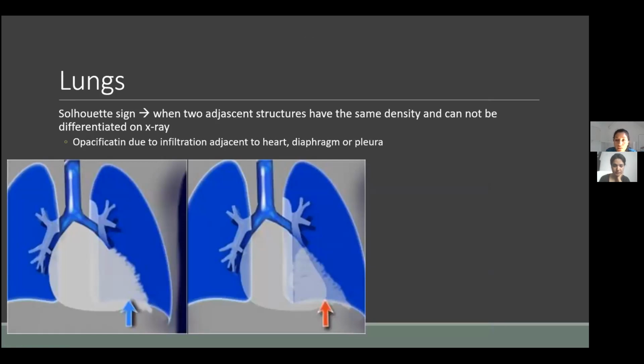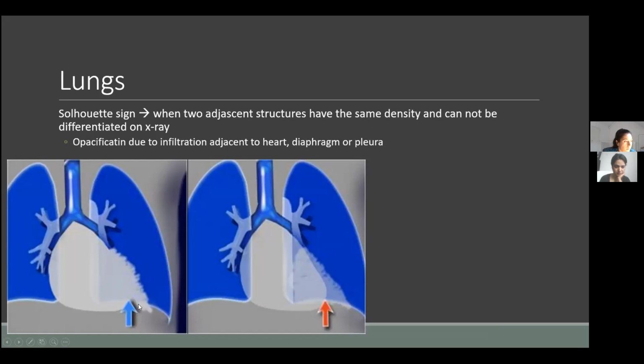Recognizing a consolidation and the location of it can be difficult, but you have to look for a silhouette sign, which means that two adjacent structures that have the same density cannot be differentiated from each other. Here you see an example. On the left, you are not able to delineate the left border of the heart because of an opacification.